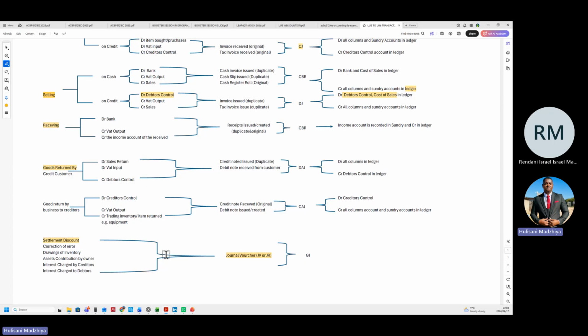But under the perpetual inventory system, because we update trading inventory and our cost of sales, any transaction updates our inventory account. So if we are charged transportation costs or import duties, we include them in the trading inventory account to increase the value of the stock, because they are part of the stock cost. So that is the difference between perpetual and periodic inventory system.